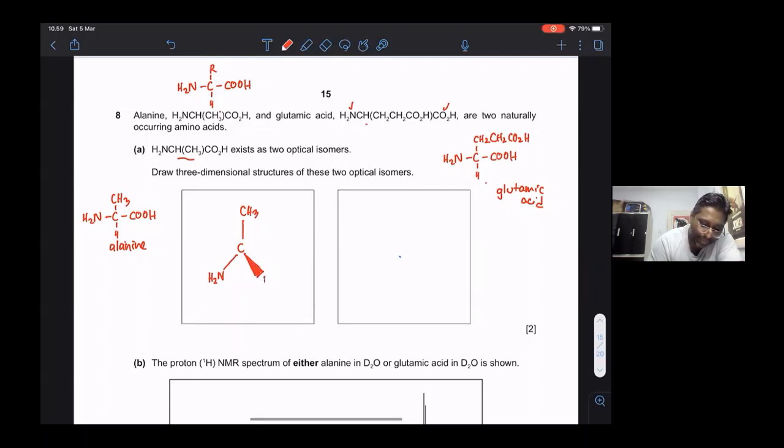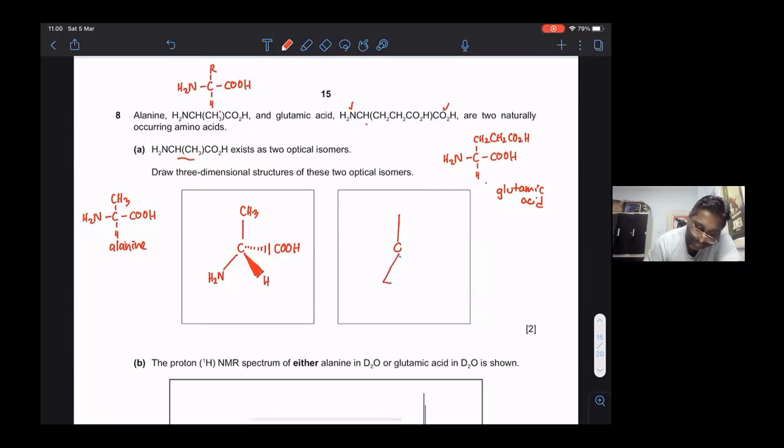So you can put H over there. The one that is going behind, you can either use this way, or you can add a dotted line. So I just put like this. This is going to go behind the paper, which is going to give me the COOH. So the optical isomer is the 3-dimensional shape. So I just draw, you can just put carbon, and then you can put the mirror image.